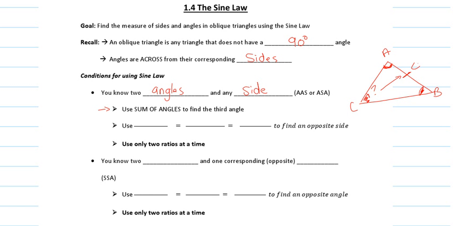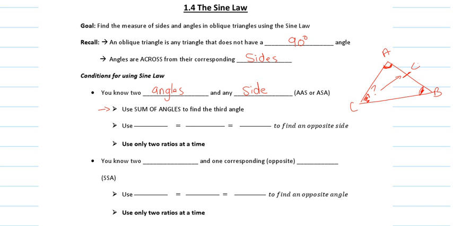So the first thing you want to do is find the third angle. You have to do 180 minus the 2 angles. We can add them first and make it a minus. Yeah, that's right.